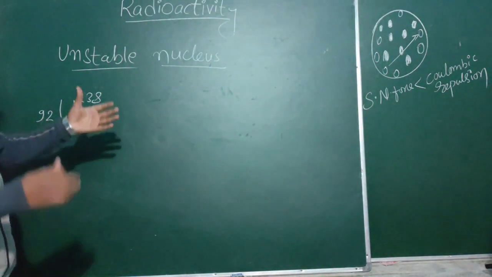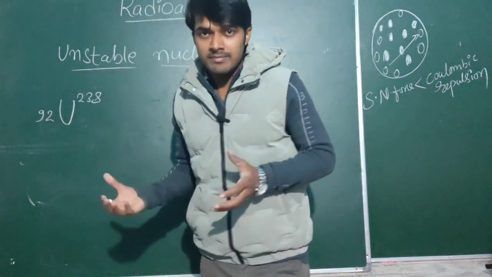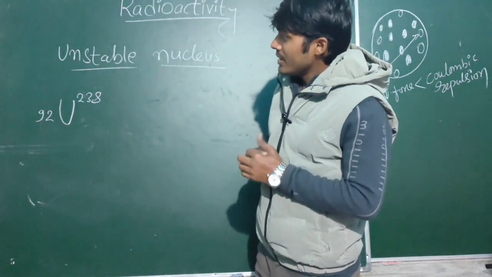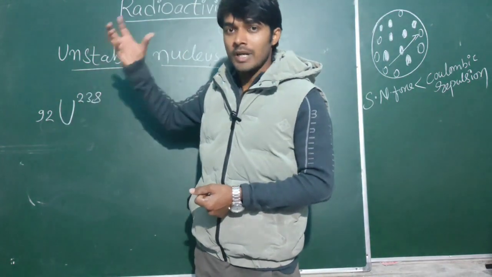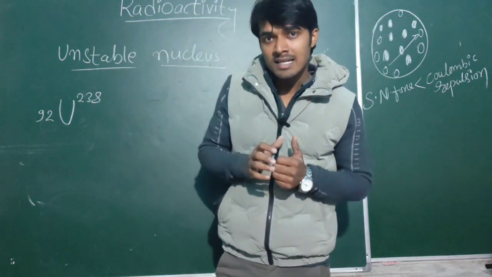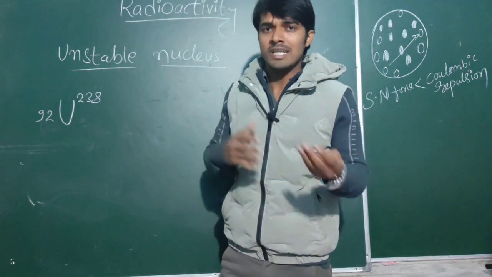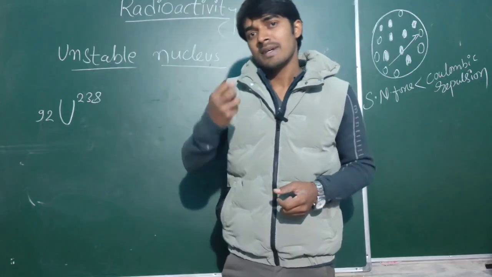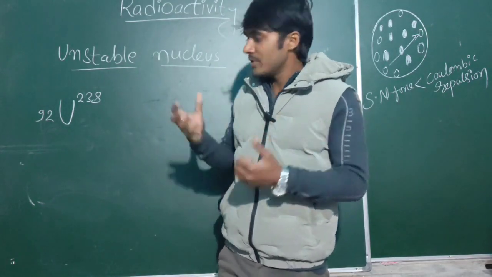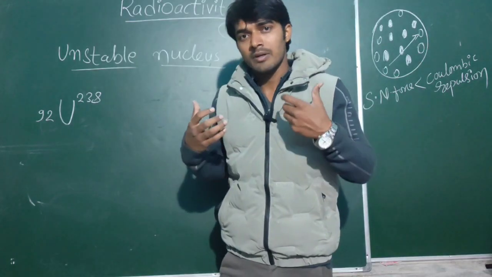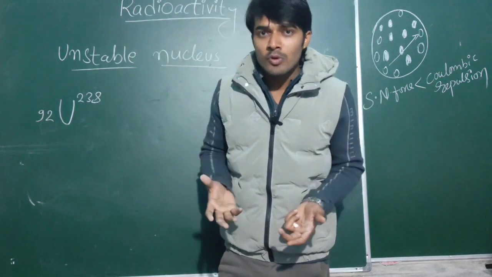Obviously the nucleus will be massive and huge, and the coulombic repulsion will be very active and dominant. So the main motto of this uranium nucleus will be reducing its size and balancing these two forces, the electrostatic repulsive force and the nuclear force of attraction. By a perfect equilibrium of these two forces the nucleus becomes stable, and that is the ultimate goal of anything in nature, to tend toward stability.